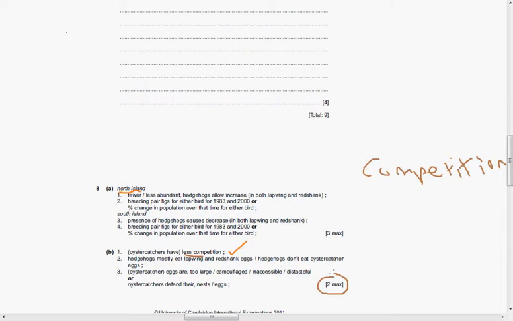Okay. Then hedgehogs mostly eat lapwing and red shank eggs, right? So that's one point. Hedgehogs eat lapwing and red shank eggs. You can just write whatever you feel like, but this is one of the points which can be written over here.